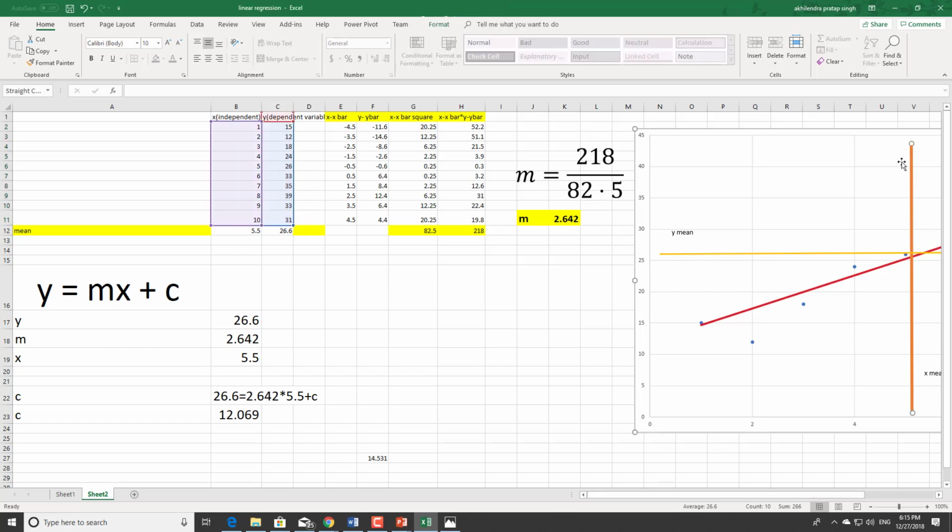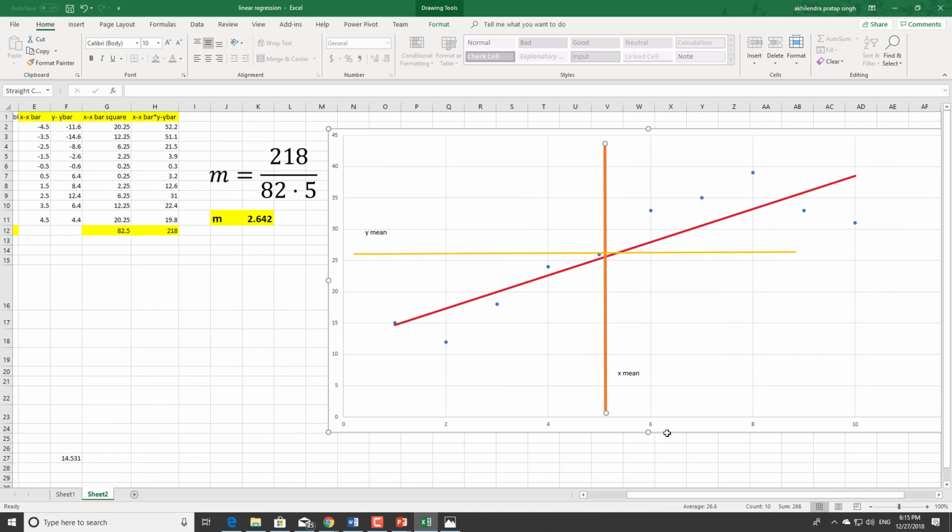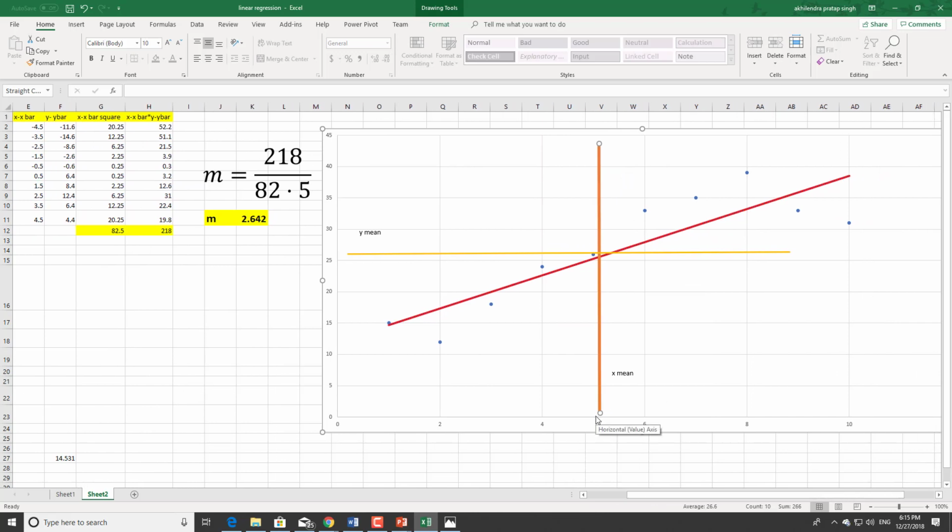So this orange line is around 5.5, and this line here is around 26.6. I have manually drawn it, so I agree that this line is slightly past 5 and this line is probably closer to 26. But apart from that, they are representing overall reality.